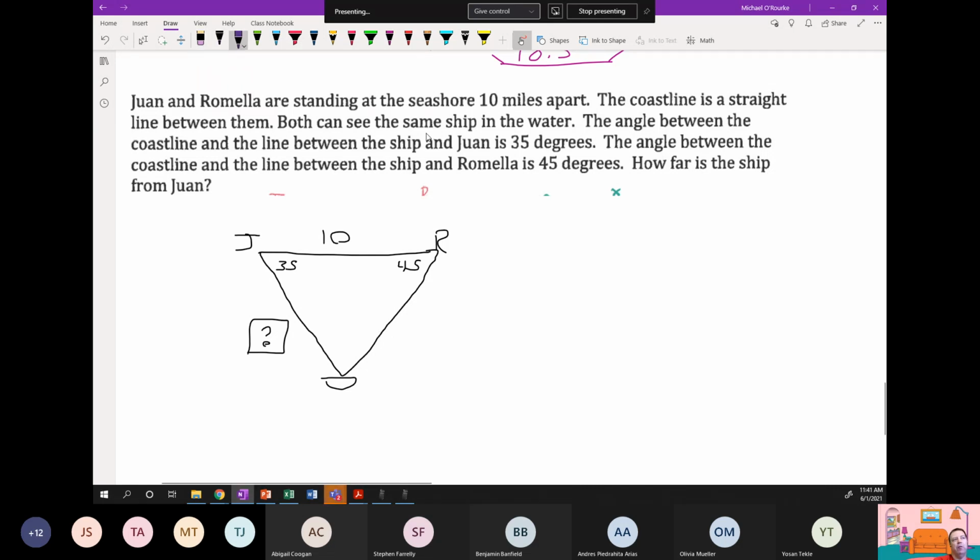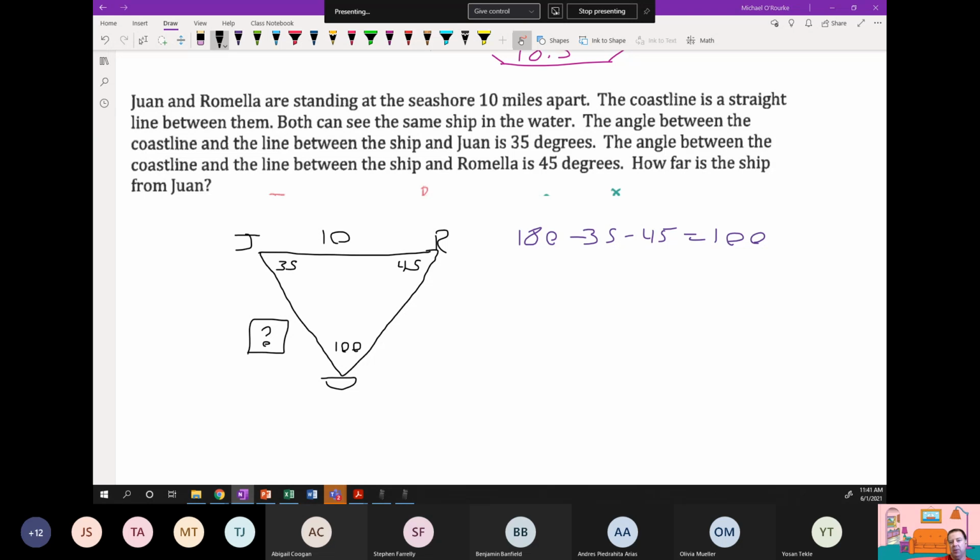We don't know if we're going to need it, but might as well fill it in. What's that, 80? So it's going to be 100 degrees if I'm not mistaken. So we know that angle is 100. If you ever have a problem where you get 2 angles, just go find the other angle, because you never know what's going to happen.